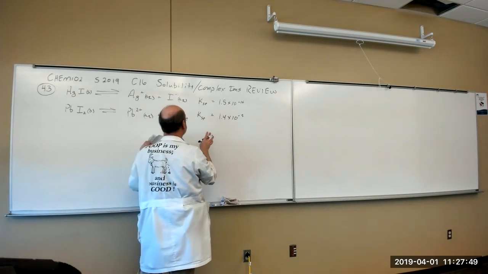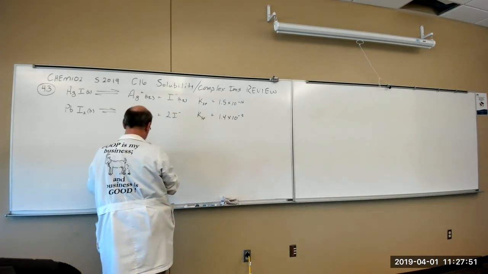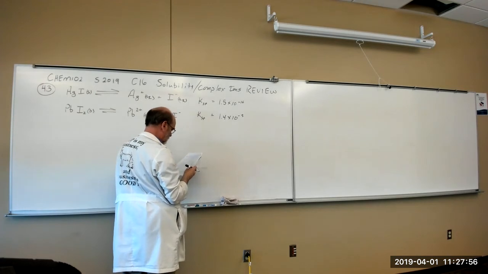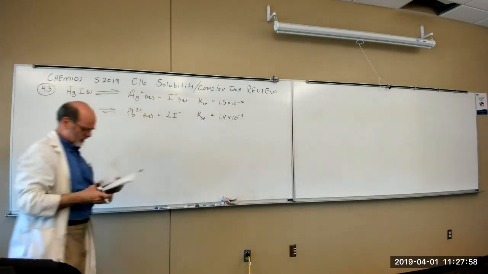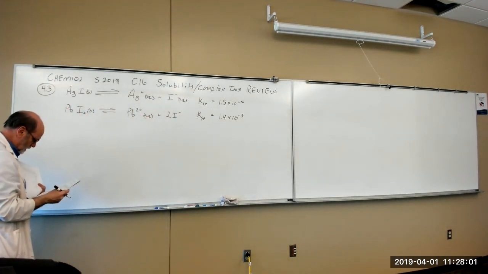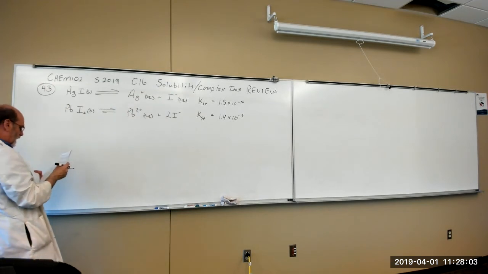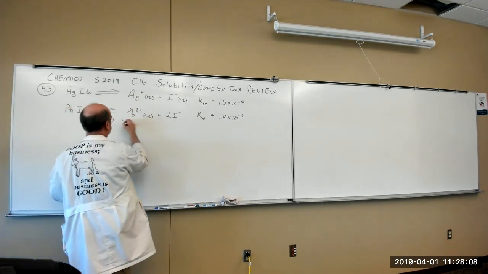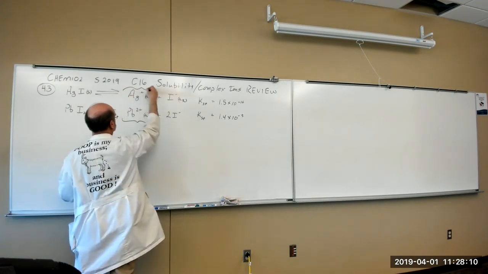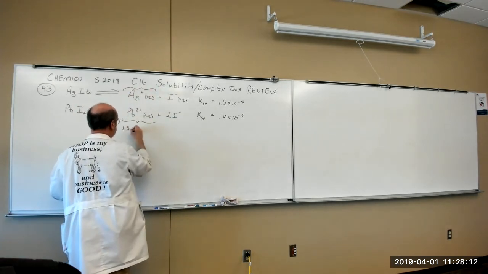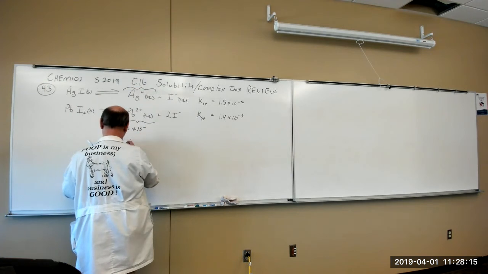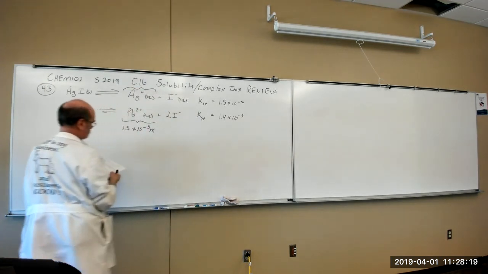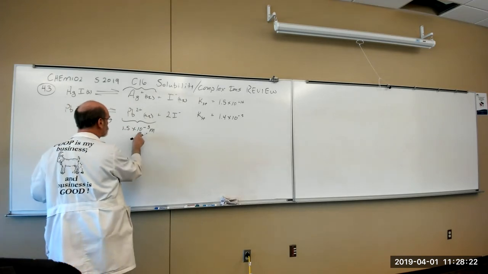So what we need to do is find out at what point is that silver used up. Oh, there's another bit of information I haven't put up there yet. Okay, they're 1.5 times 10 to the minus third molar in each one. Both of them. So we have to use up this amount.